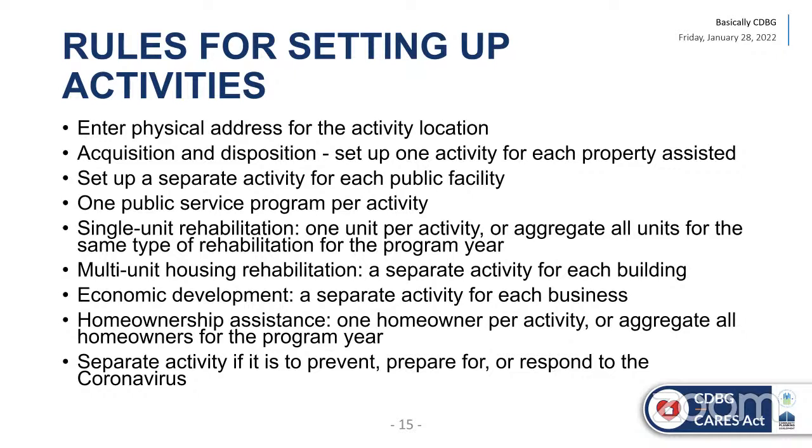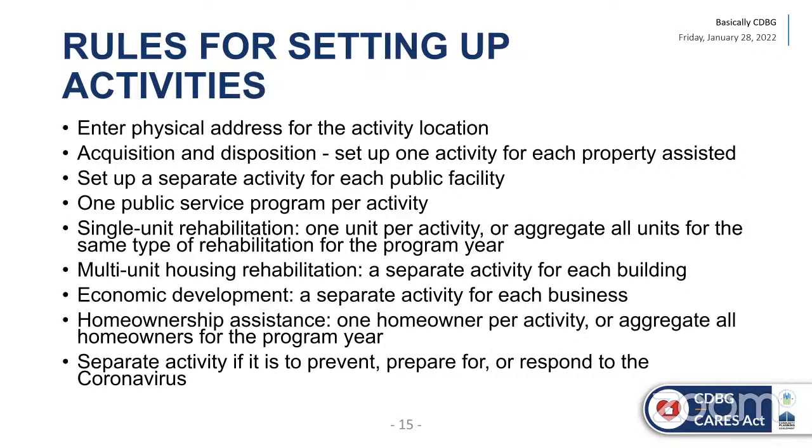CDBG-CV funds are commonly used for public services activities and business assistance, so I will just focus on these two types of activities. Our rule for public services is one service program per activity. For example, rental assistance, or say emergency grant payment, is most commonly used for the CDBG-CV program.